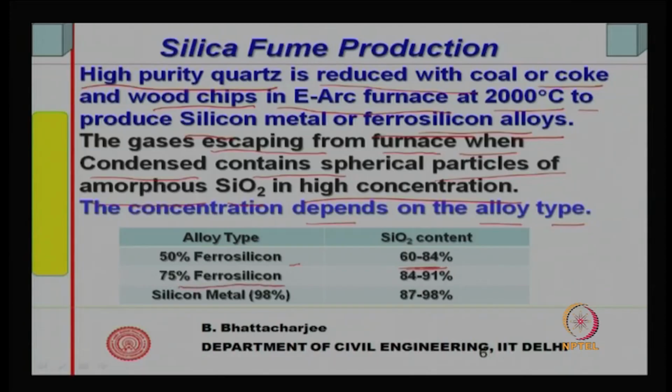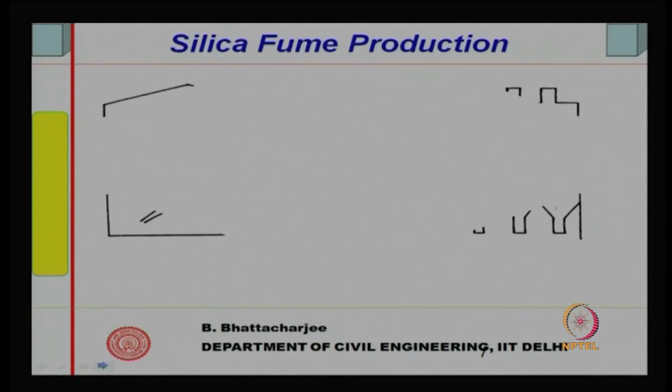For 75% ferrosilicon, this will be 84 to 91%, and for silicon metal, 98% pure, you will have 87 to 98% of silica content in the condensed silica fume. So, this condensed silica fume is rich in silica, and that is how it is produced.